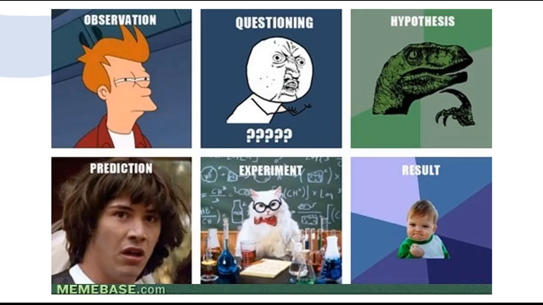super important. So when we start thinking about science, we always think about the scientific method or scientific reasoning, which if you recall from middle school, grade school science, the scientific method or cycle follows along this path of observation, questioning, hypothesis, a prediction, an experiment, and a result.